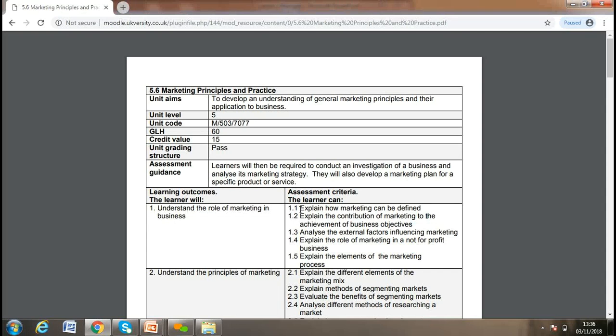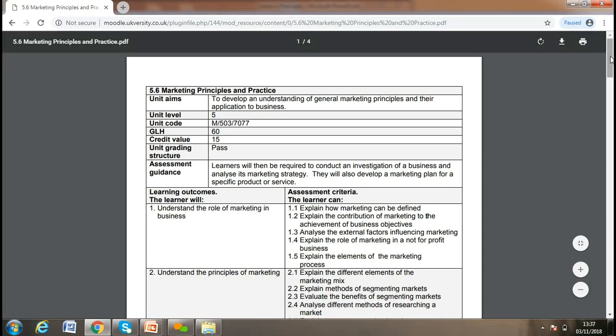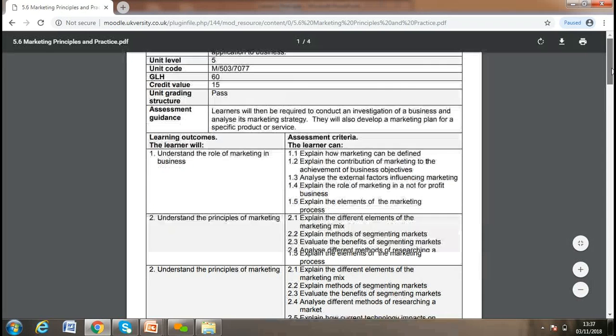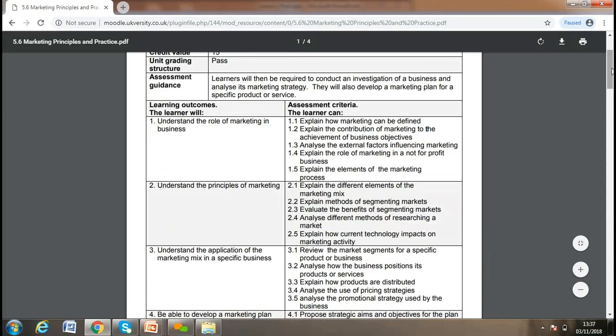First, explain what is meant by marketing's contribution to the achievement of business objectives, how the external environment can influence it, the role of marketing for non-profit organizations, and elements of the marketing process, which we'll discuss in today's lesson.